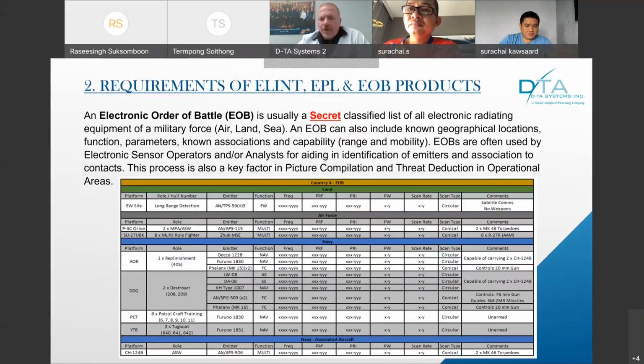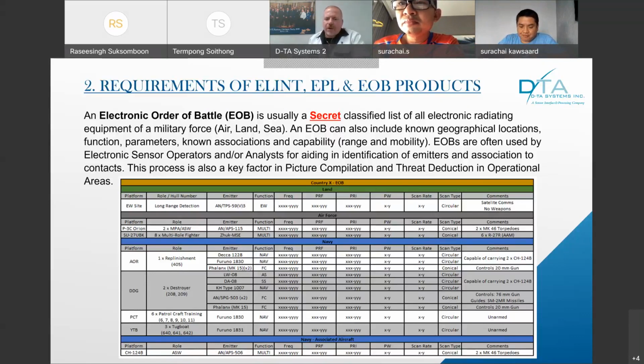An EOB can also include known geographical locations, functions, parameters, known associations, and capabilities, such as range or mobility. EOBs are often used by electronic sensor operators and or analysts for aiding in the identification of emitters and associating to contacts. This process is also a key factor in picture compilation and threat deduction in an operational area.